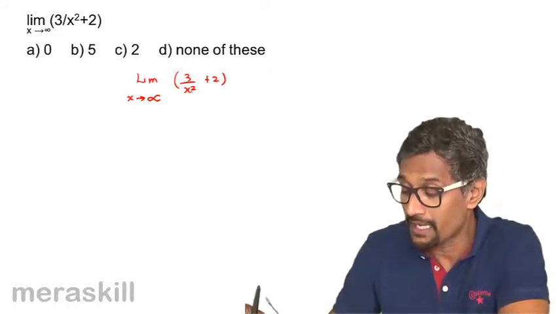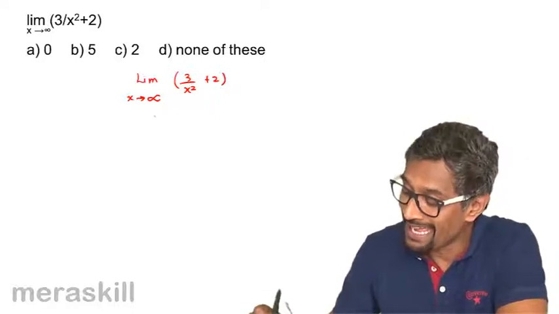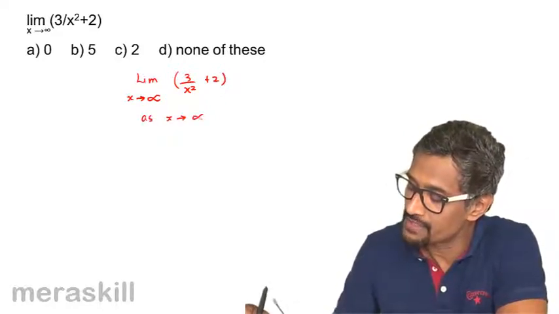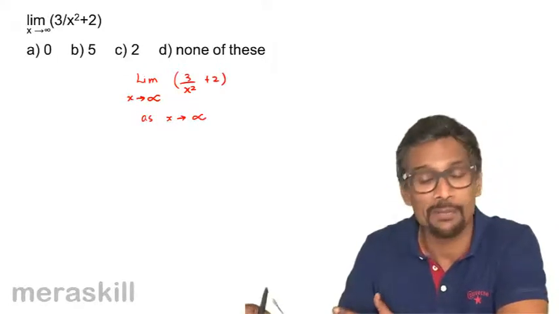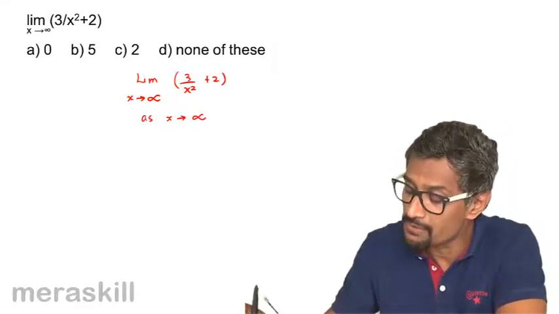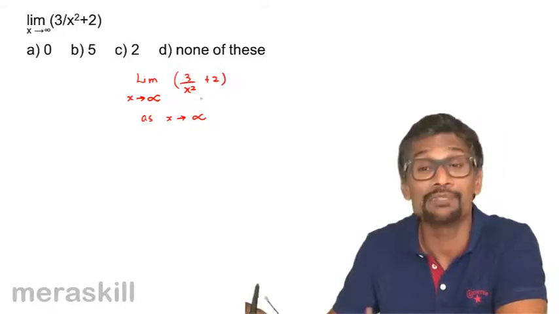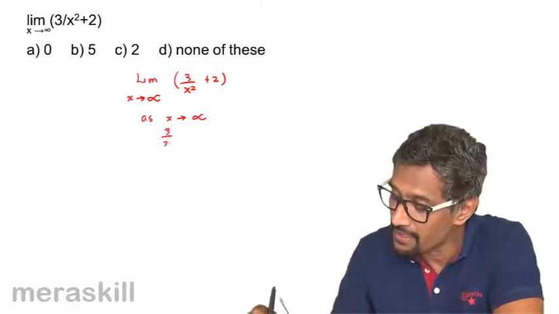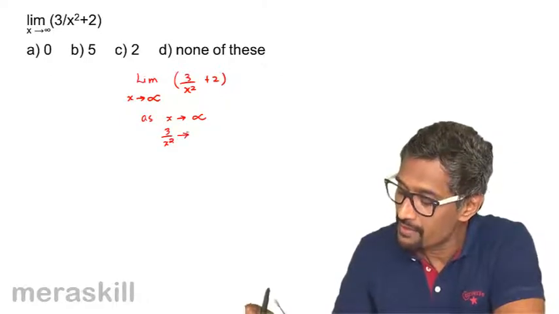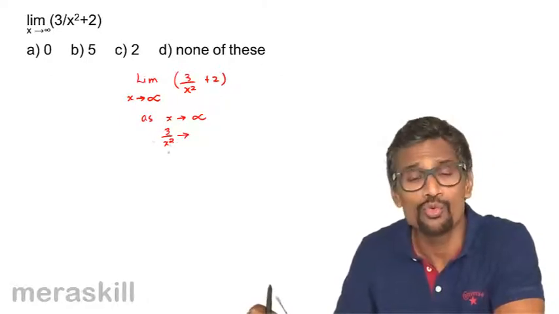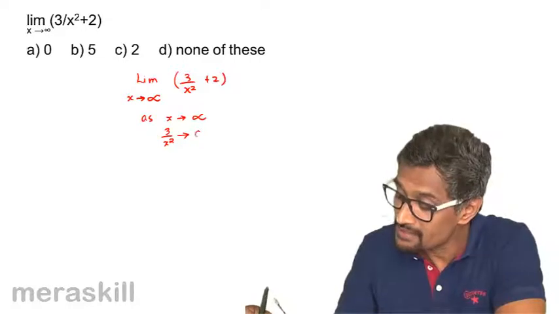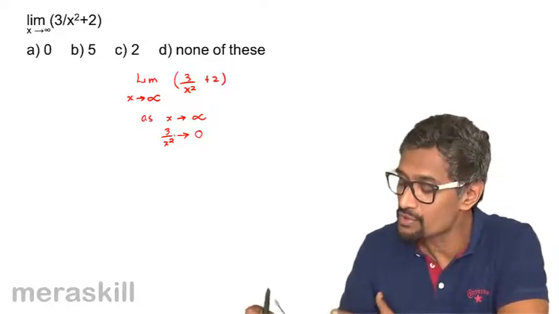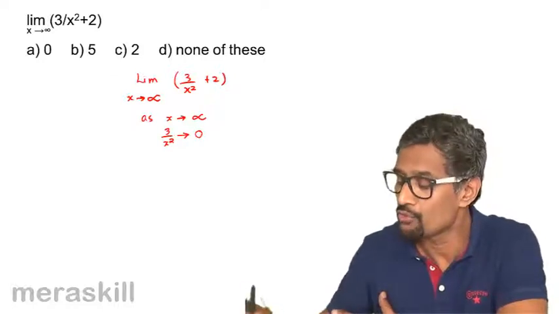But we know that as x approaches infinity, the denominator becomes bigger. X squared becomes infinity squared, much bigger. You'll find that 3 by x squared means you're dividing 3 by a huge number. It will never become equal to 0, but it becomes closer and closer to 0, a value very close to 0.